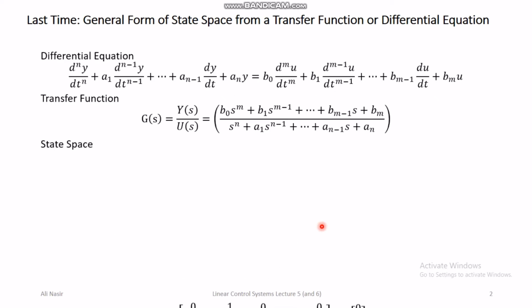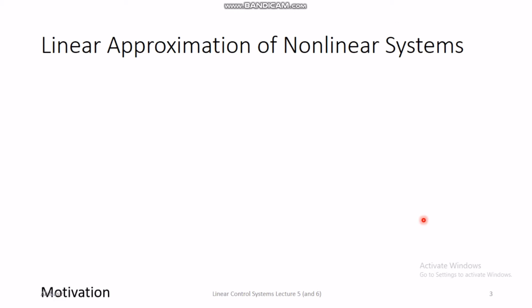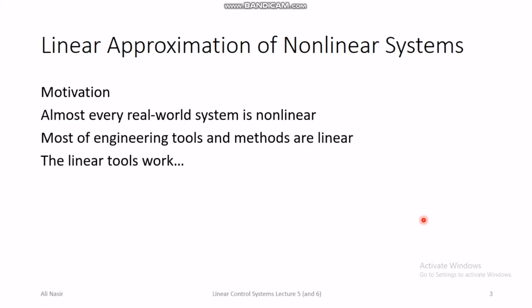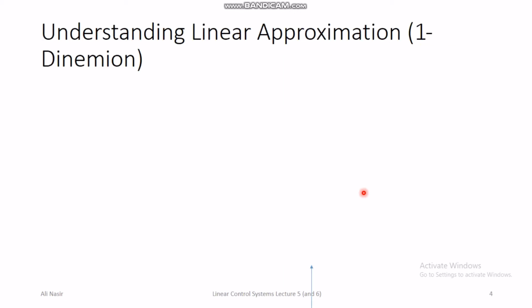So in this lecture we briefly revised how we convert state space, transfer function and differential equations into each other. Then we looked at the motivation for linear approximation, and the motivation is that linear approximation does work in real life. So if we have a nonlinear system at hand, we can convert it into the corresponding linear system and apply the linear control design tools on it, and apply that linear control on the original system, which is basically nonlinear.